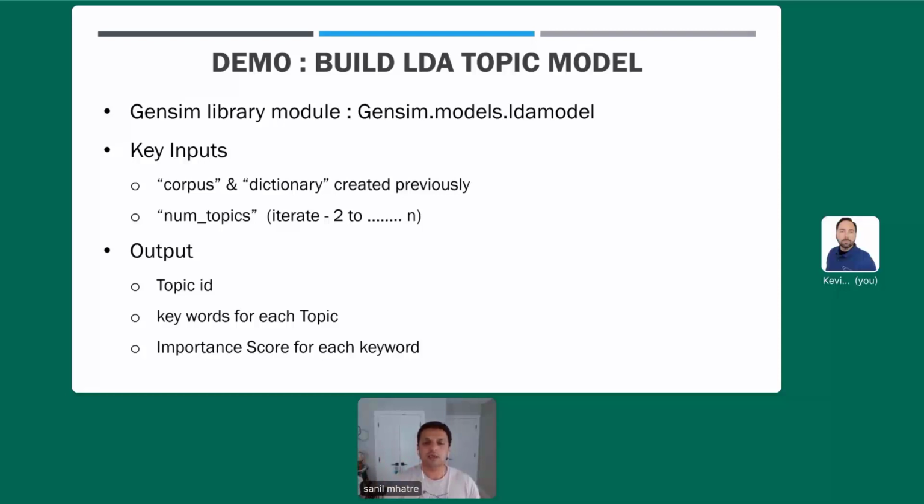Think of the keywords for each topic as those gray bars. And then lastly, we saw a bar chart that showed how many times a particular word has occurred within that cluster. The importance score can be thought of as a numerical representation of that bar chart.